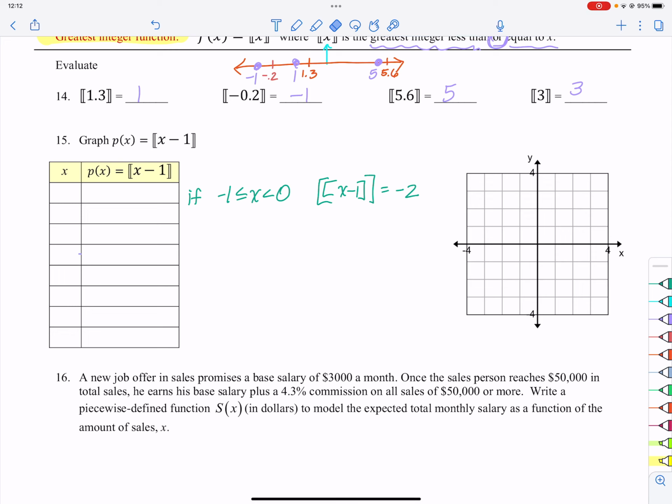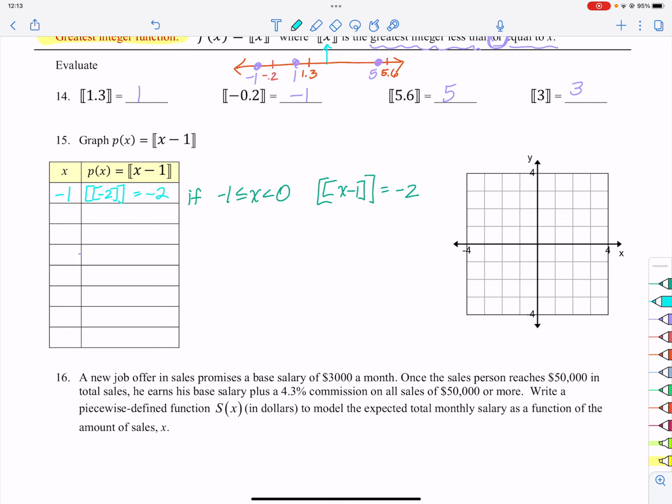And that would be because, let's say we had x equal to negative 1. That would be the greatest integer of negative 2. And that would be negative 2. Okay? Because it would be itself.